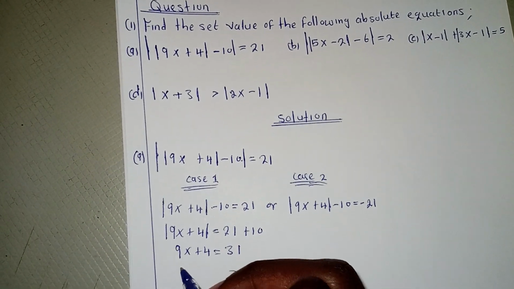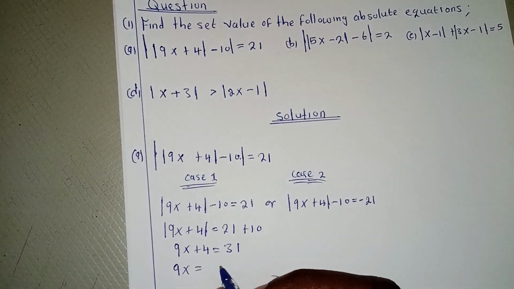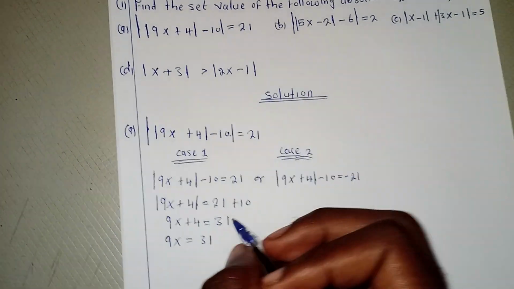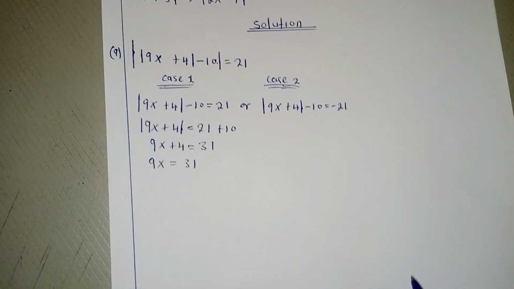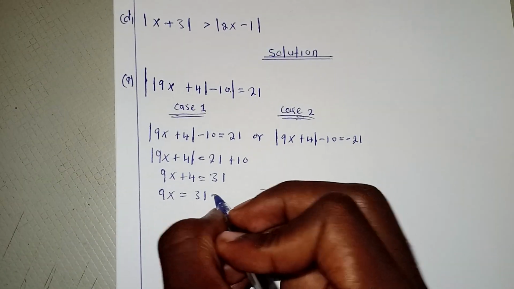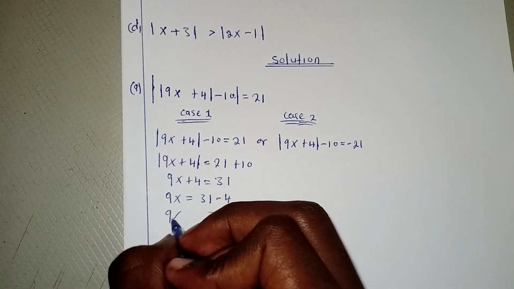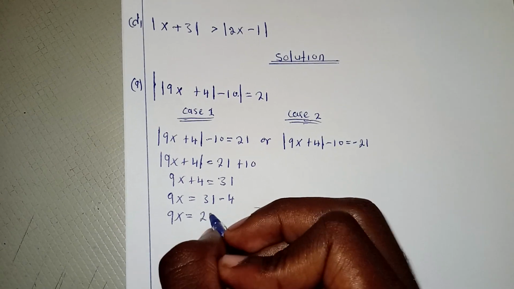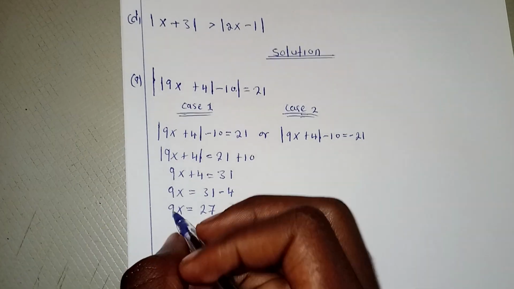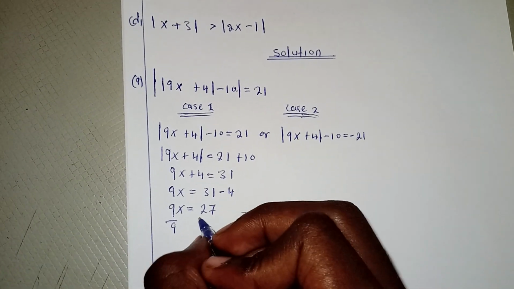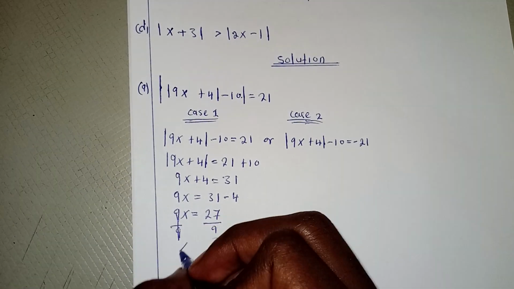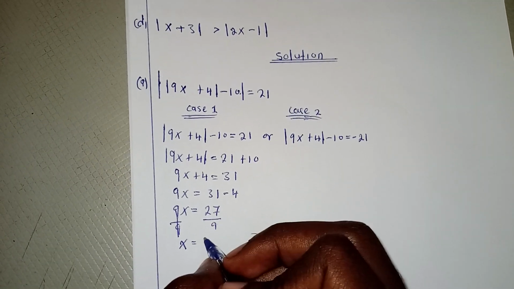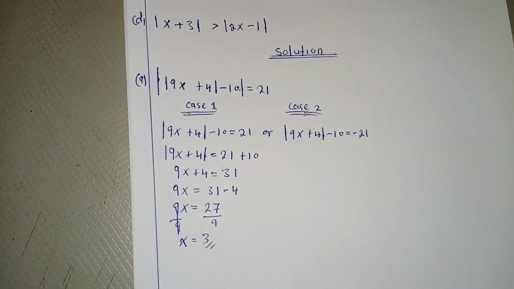Now this is going to be 9x equal to 31 minus 4. 9x equal to 27, over 9 over 9. This is going to be 3.